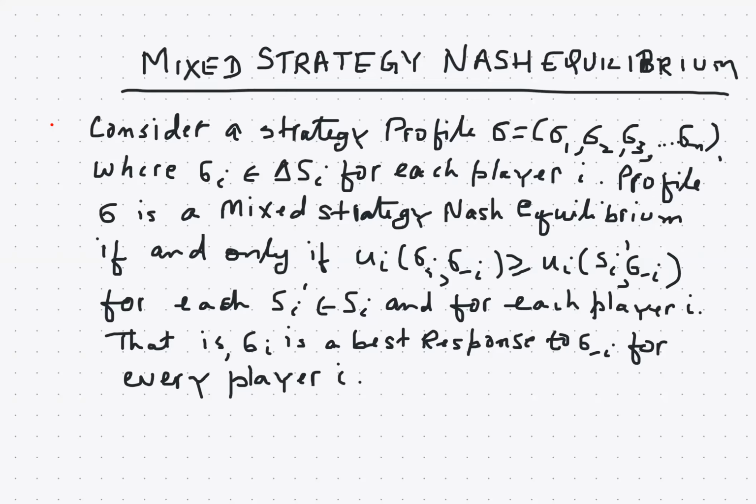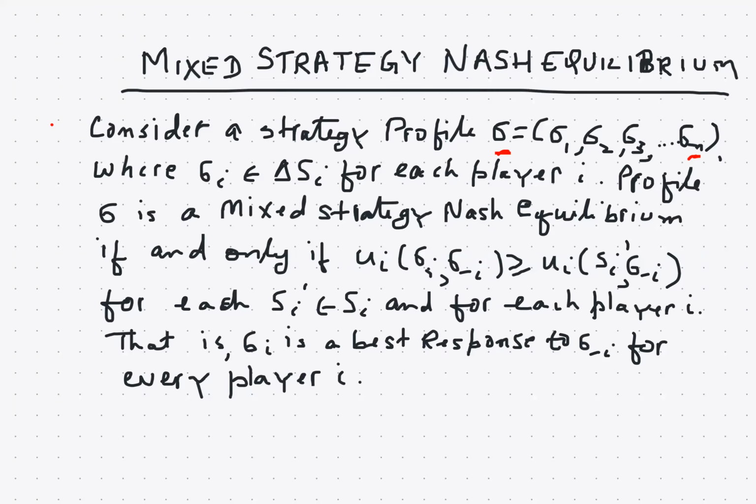So consider a strategy profile sigma, where sigma is the mixed strategy. It's a probability basically we're looking at for every player who's playing the game. So we have a mixed strategy for player 1, player 2, player 3, up to player n.